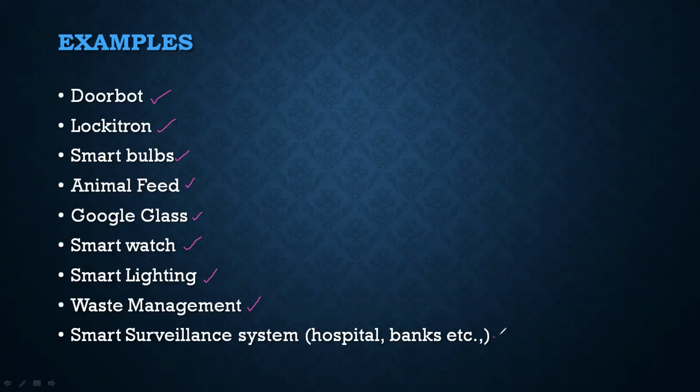Next one is a smart surveillance system. This smart surveillance system is done by using smart cameras. These cameras may be used in hospitals or banks. In hospitals, we place these smart cameras to monitor the health condition of the patients, and to monitor the old patients.